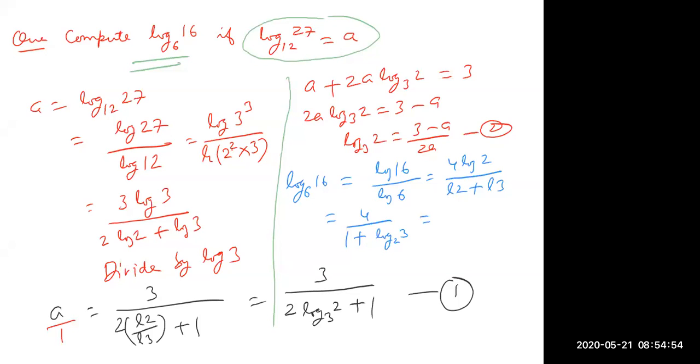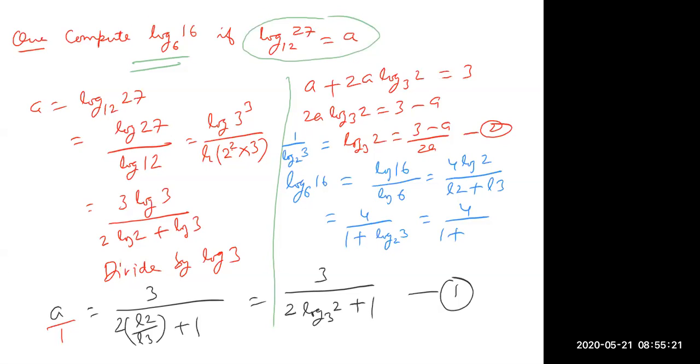So this is equal to 4 upon 1 plus, see, base changing formula. What I have told here, this will be 1 upon the reciprocal of this. This is the same as 1 upon log 2 3, base changing formula.